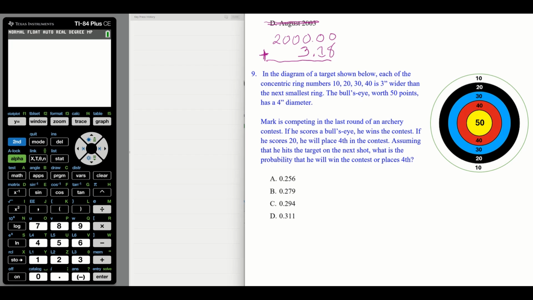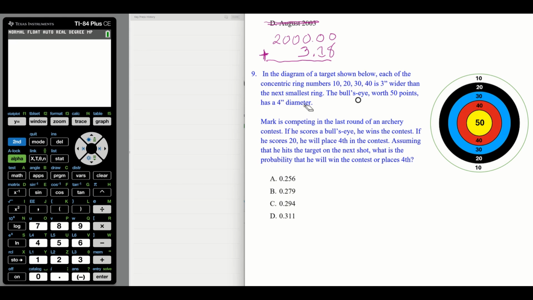Okay, number 9. In the diagram of a target shown below, to the right, each of the concentric circle numbers 10, 20, 30, 40 is 3 inches wider than the smaller ring. The bullseye worth 50 points has a 4-inch diameter. Mark is competing in the last round of an archery contest.